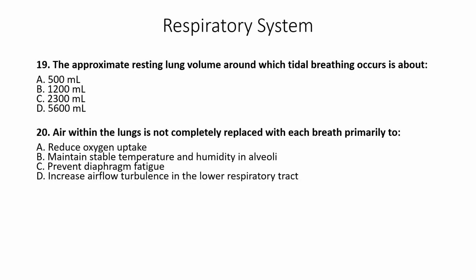They don't have much support because they don't have cartilage or anything. They're just really thin membranes. So you want to make sure that they're not undergoing a lot of stress. Having some air remaining that's already equilibrated and then mixing slowly with the new air allows the maintenance of stable temperature, humidity and other conditions in the alveoli.